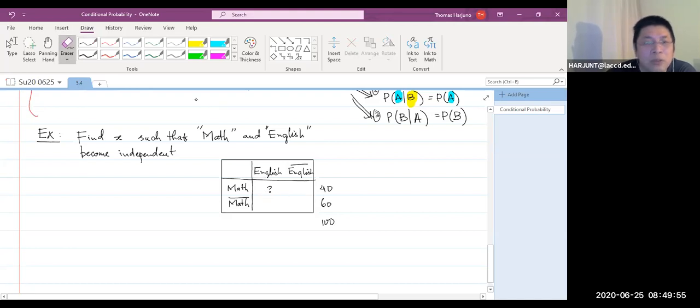Hold on. What is this number supposed to be? I want it to be x, such that it becomes independent.